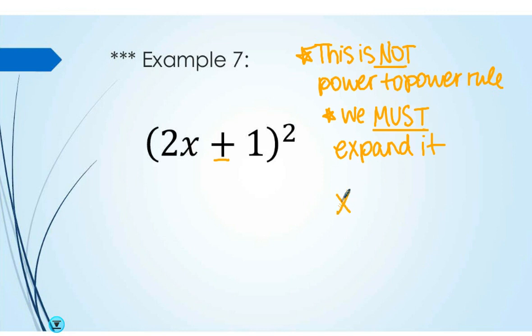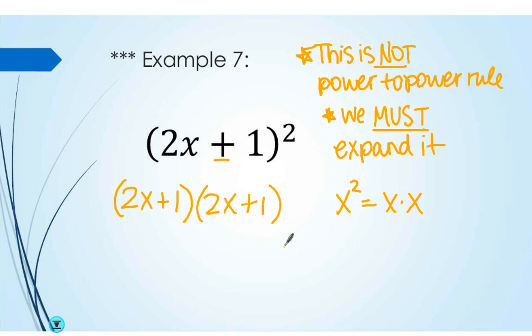Just like x squared equals x times x, we do the same thing for this. We're saying this thing times itself. So I need to expand it like this and say, okay, it's this thing times itself. And then you can do your FOIL or your double distribution. Again, I'm not going to work that one out.